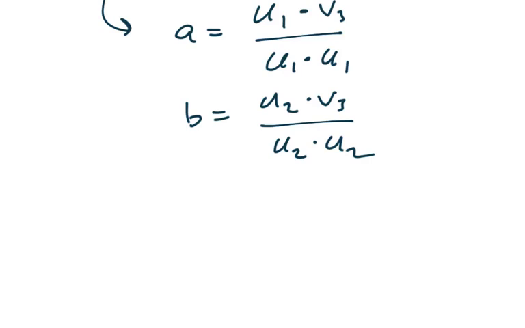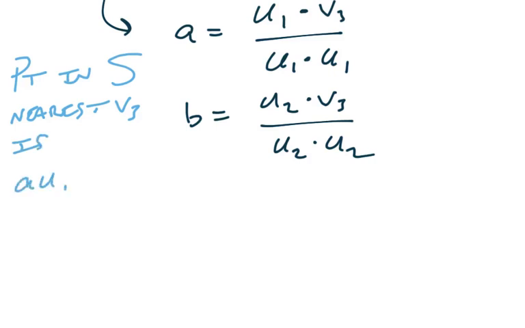All right, so the idea here was to minimize the distance from the plane to this vector v3, and what we've just found is that the point in the plane spanned by u1 and u2, which I was calling S in the previous video, the point in S which is nearest v3, is a u1 plus b u2, where a and b have these formulas.